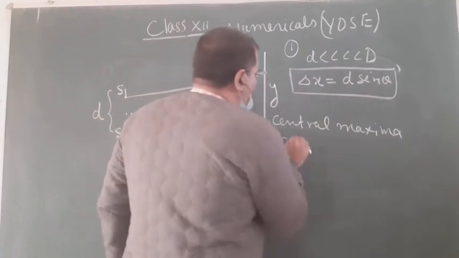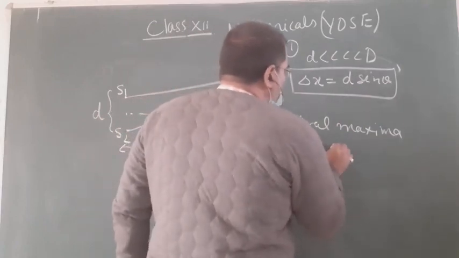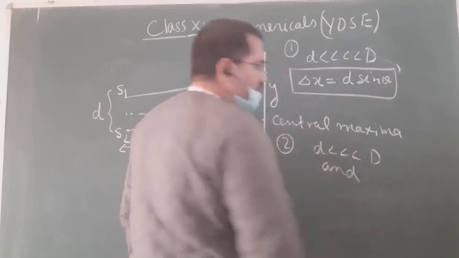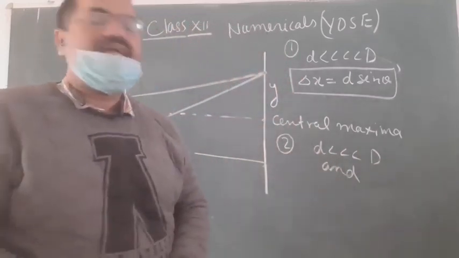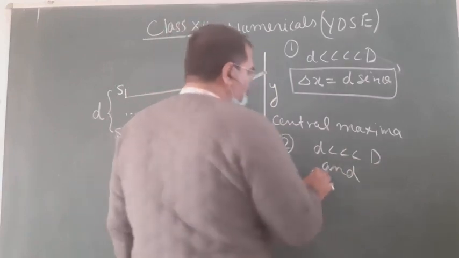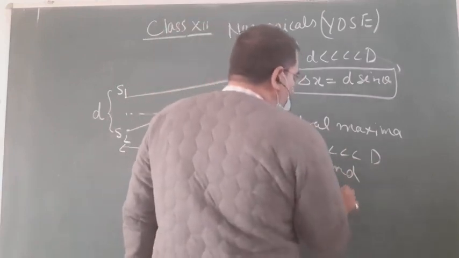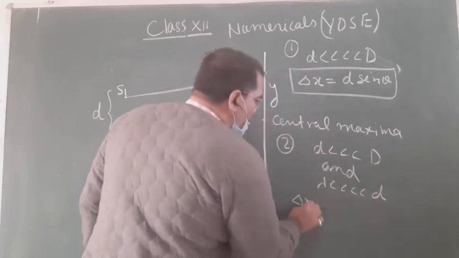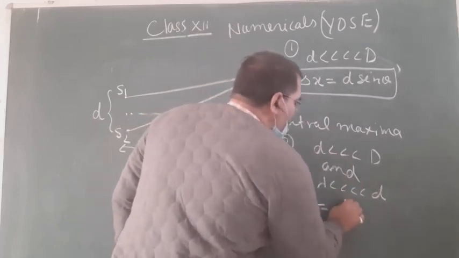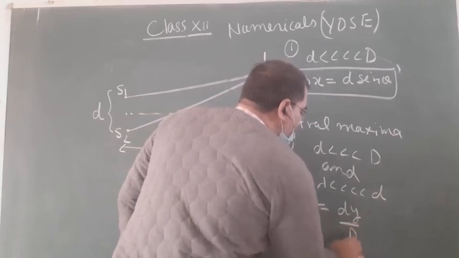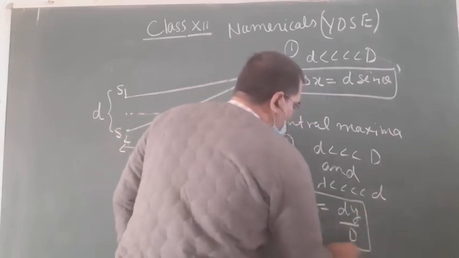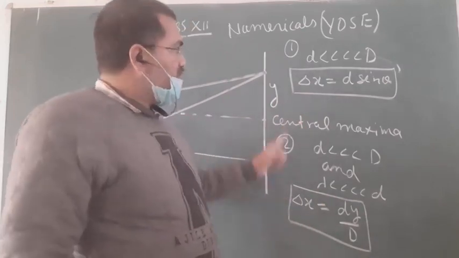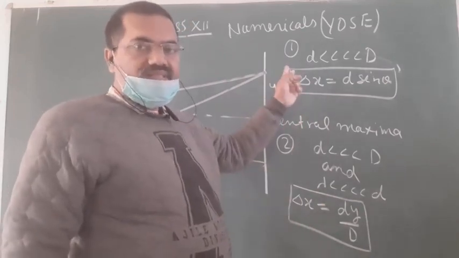So second formula, when d is much lesser than capital D and lambda is much lesser than small d, then the path difference between two waves will be dy by D. Very important formula for this assumption.